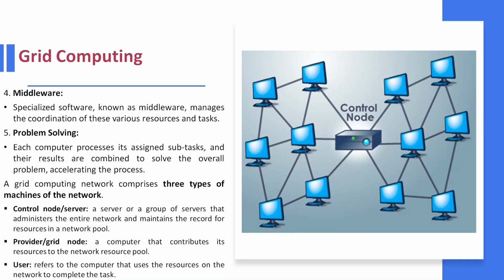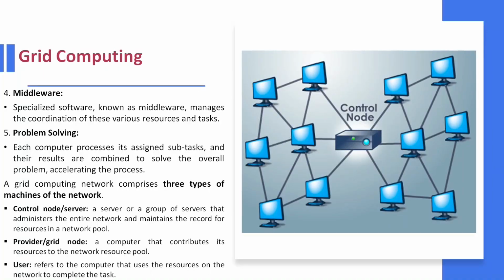First, control node or servers, as we have discussed: a server or a group of servers that administers the entire network and maintains the record of resources in the network pool, because management of resources is very important in grid computing, as you are using unallocated or unused resources. This management is done by the control node.